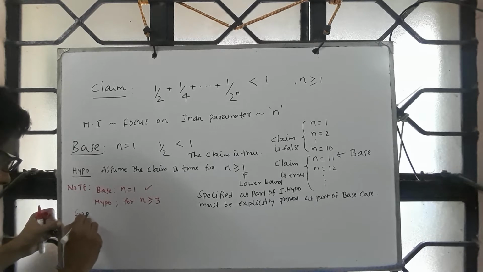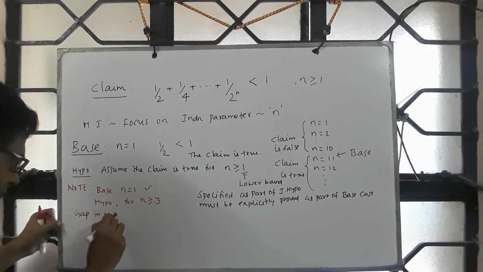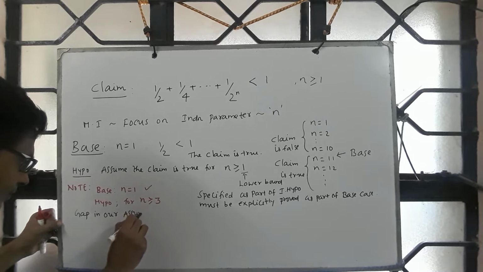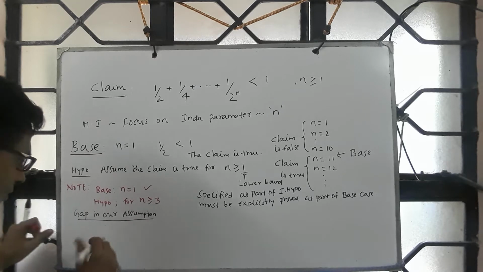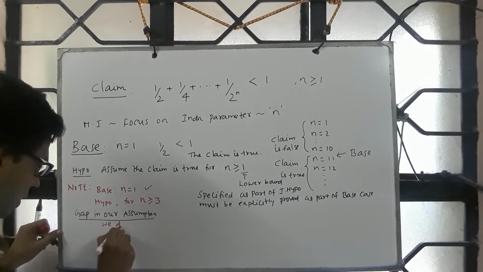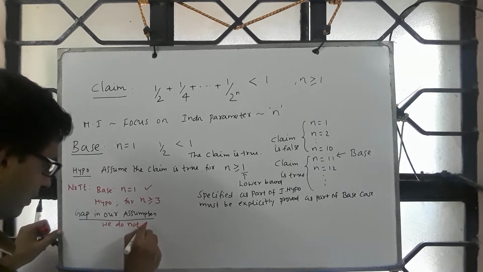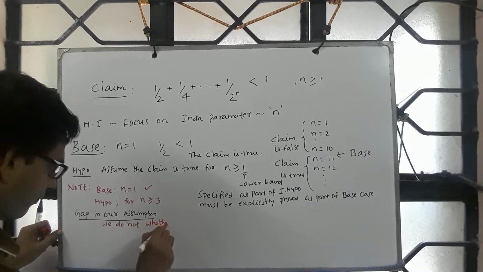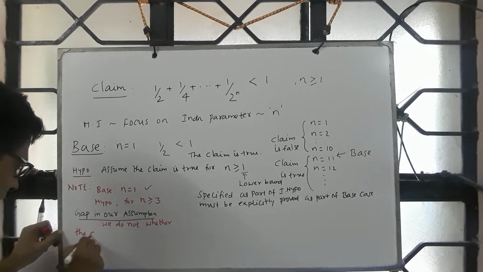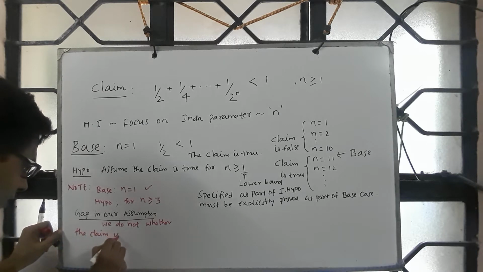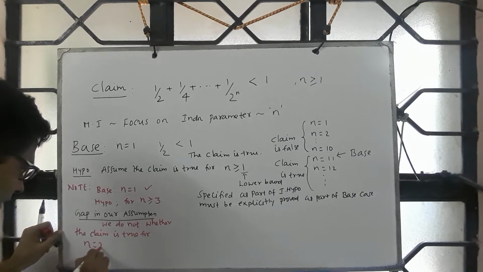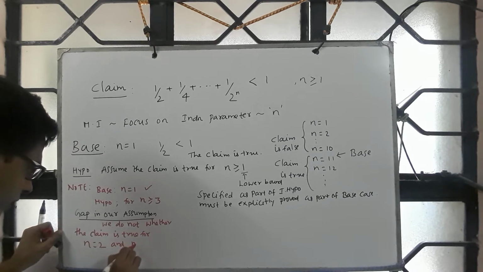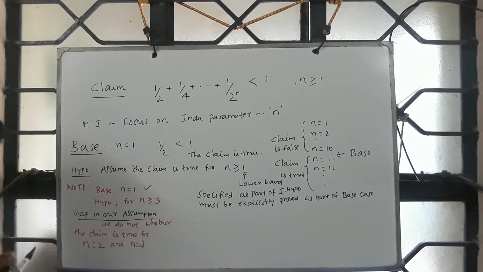Now there is a gap in our assumption. What is that gap? We do not know whether the claim is true for n equal to 2 and n equal to 3.